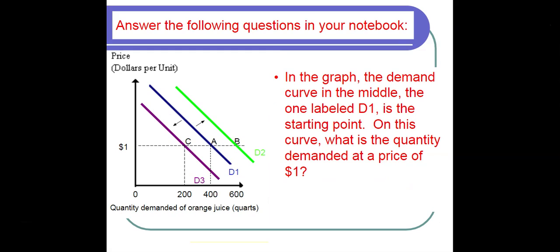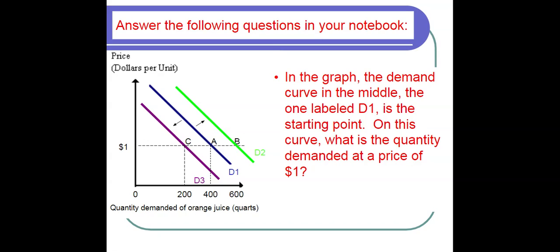So go ahead and copy this example down into your notebook. In this graph, the demand curve is in the middle, the one labeled D1. D1 is our starting point. On this curve, what is the quantity demanded at a price of $1? Remember, you're looking at D1.